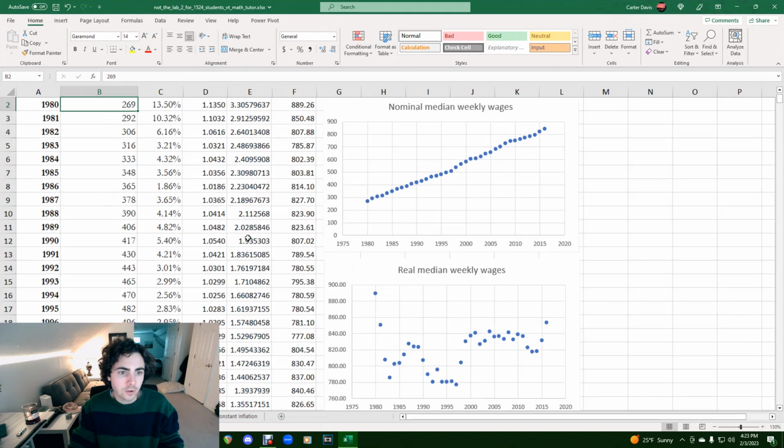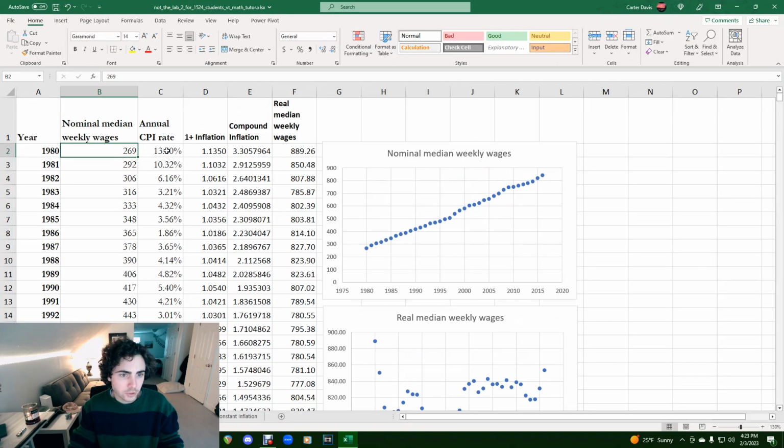I think when you get this data, it's just A through C, and then you have to type in D through F. You're given years, weekly wages, and a CPI rate, which is the inflation rate. Then they have you type 1 plus inflation, compound inflation, and real weekly wages. So 1 plus inflation literally is 1 plus the inflation rate.